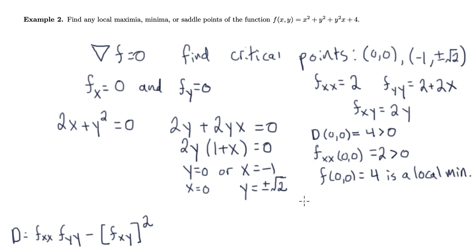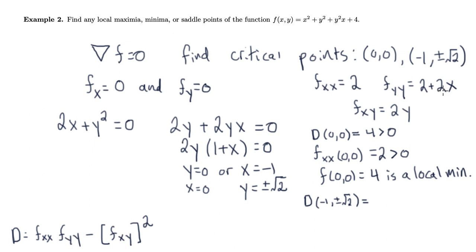Okay, and then now let's do the same thing for -1 plus or minus root 2. Now I'm doing this because we'll see that actually the same thing will happen. So if I take fxx, fyy, fxx is 2, fyy is 2 plus 2 times -1, which is 0.